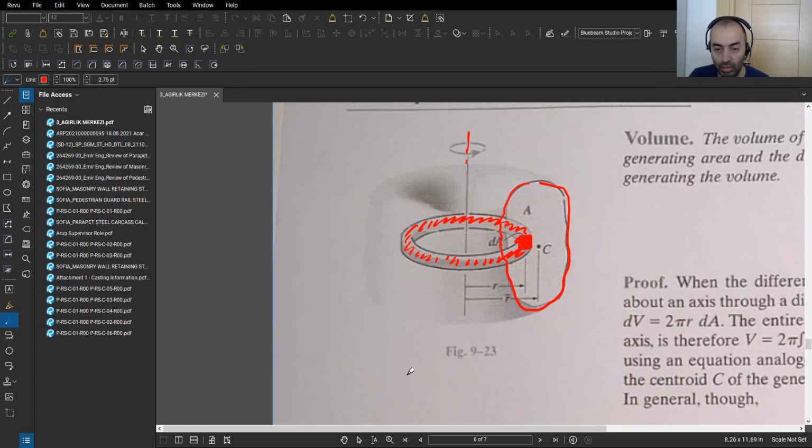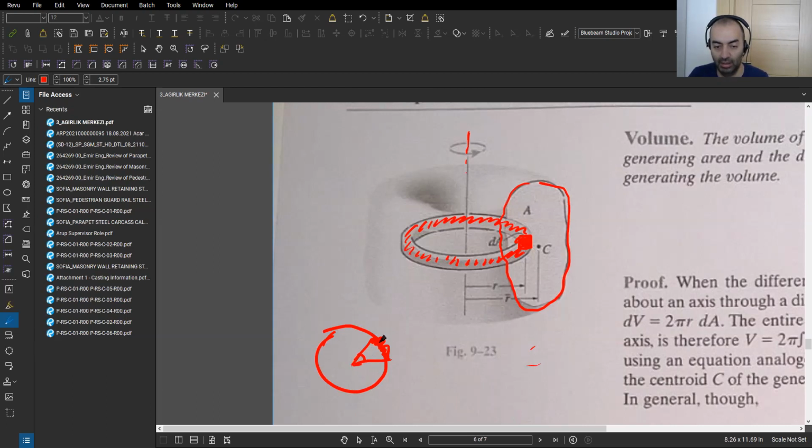Now I'm going to show you how to calculate it. You don't have to rotate this the total 360 degrees. For example, 45 degrees, 30 degrees, you can rotate it. For example, you have a ring here, and I'm looking at it in plan. Maybe you are looking for this part's volume, so you need this angle.